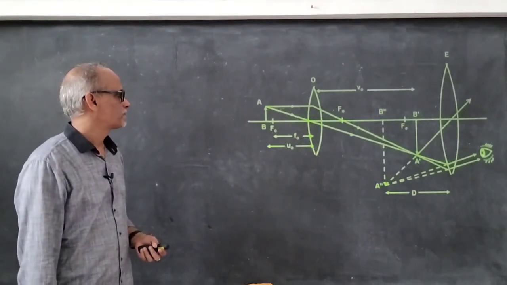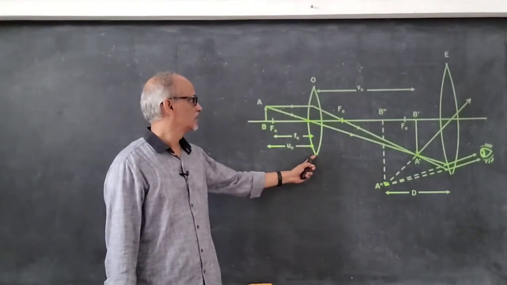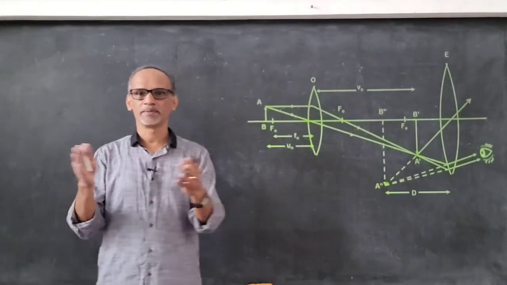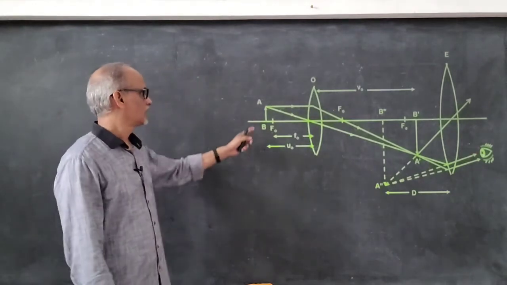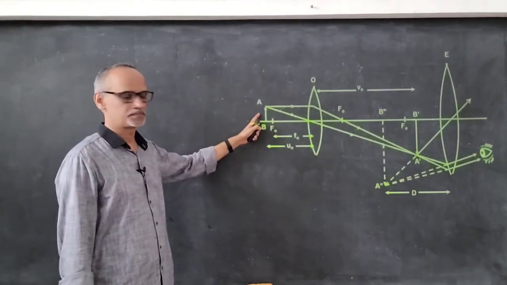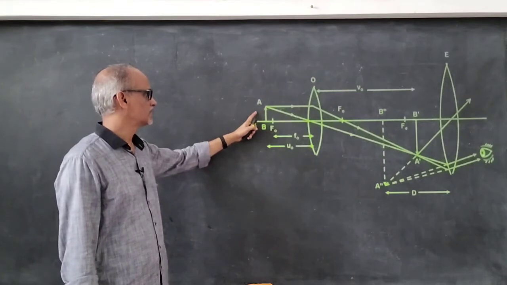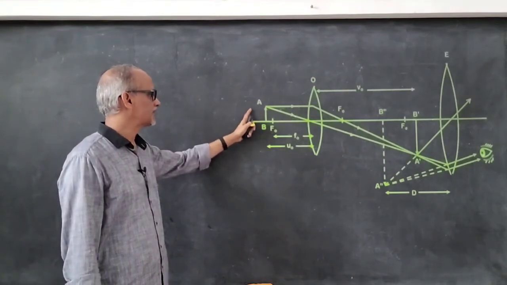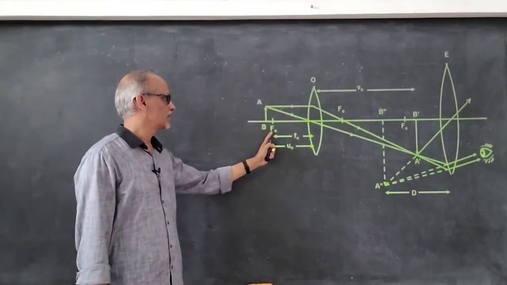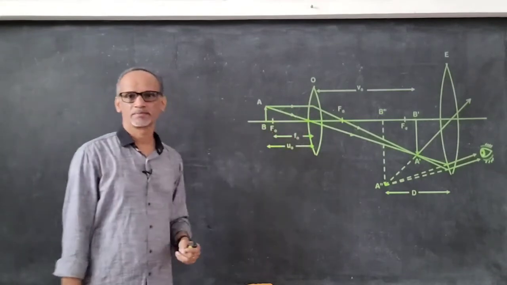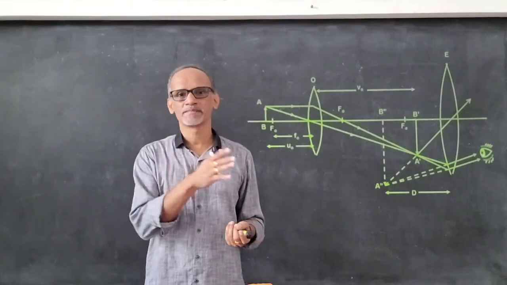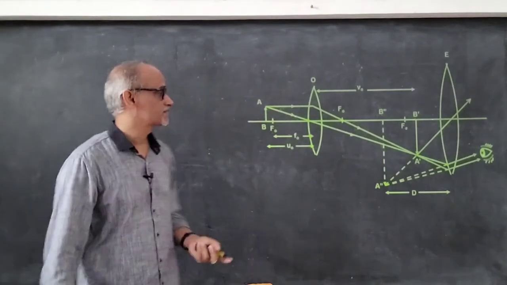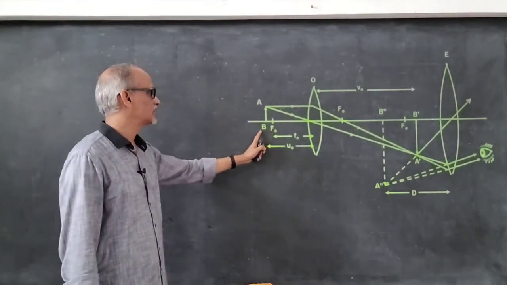And we can always adjust the objective as well as the eyepiece, the distance between them can be adjusted, so that the object which we place is placed slightly beyond the principal focus of the objective. In a simple microscope the object is placed within F, but here it is placed slightly beyond F.